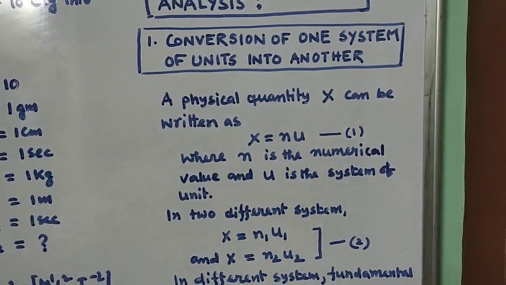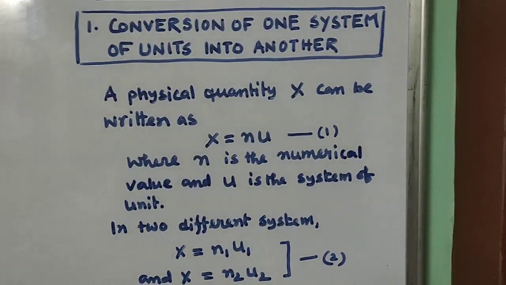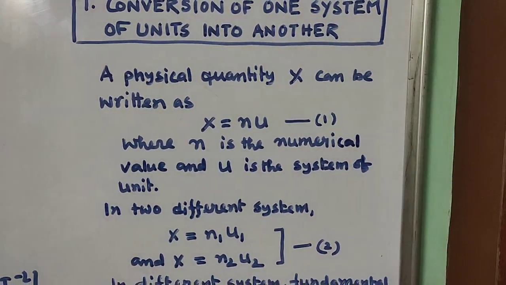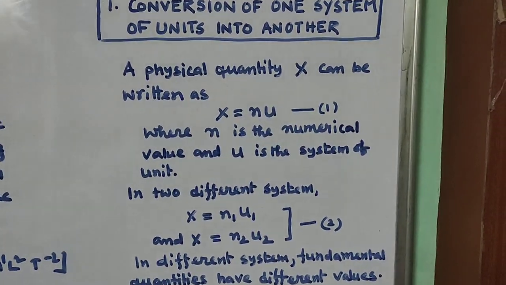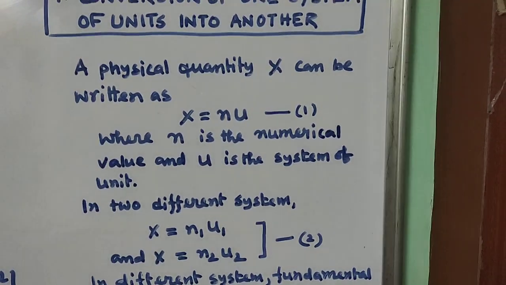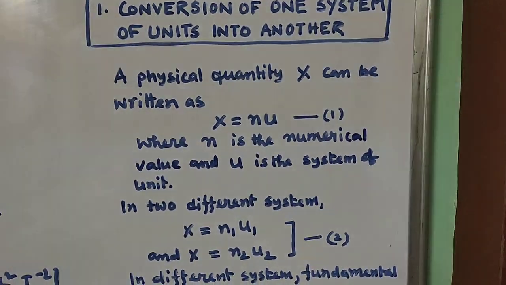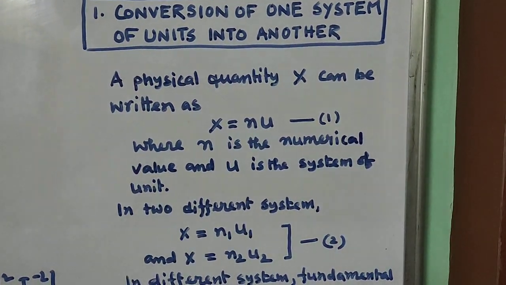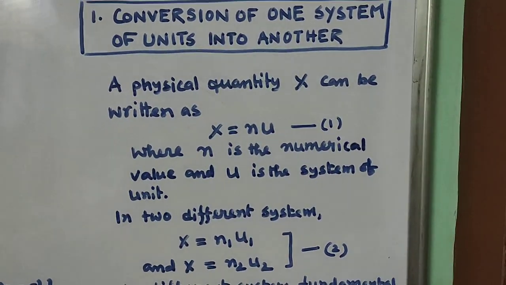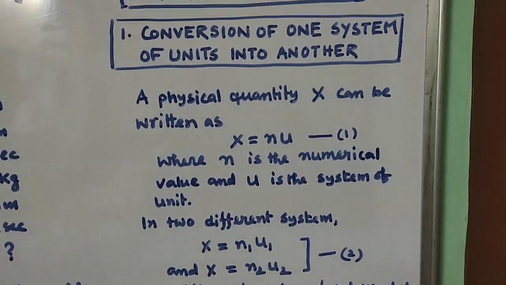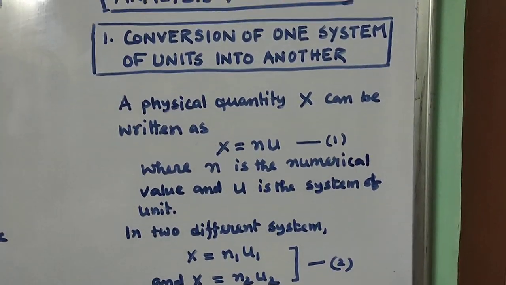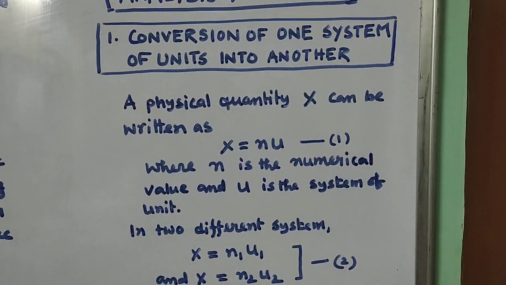So 10 is your numerical value and the physical quantity is your length. And if I say 10 centimeter, then centimeter is the system of unit. So to express any physical quantity, you need 2 parameters. One is your numerical value, another one is your system of unit. So here we have considered the physical quantity X. So X equal to nu.